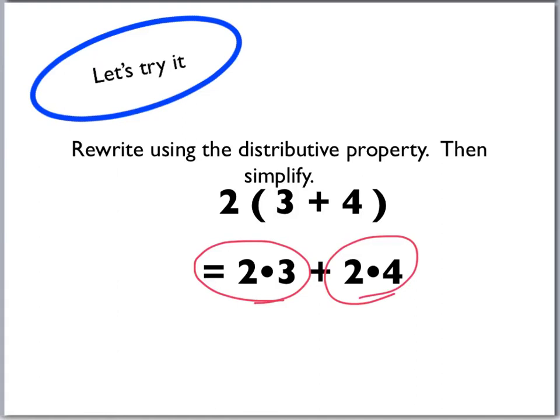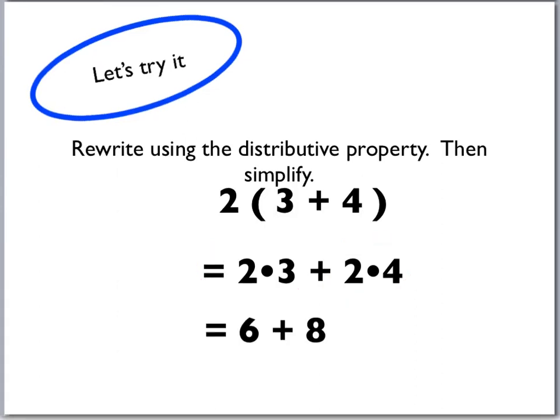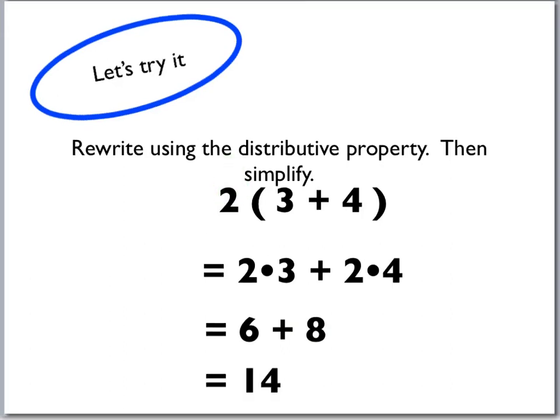We can simplify it and we get 6 plus 8. But we're not done yet because you can actually add 6 plus 8. This is where that idea of simplifying is coming in. Once we simplified it, we got the final answer of 14. And that's how we do the distributive property.